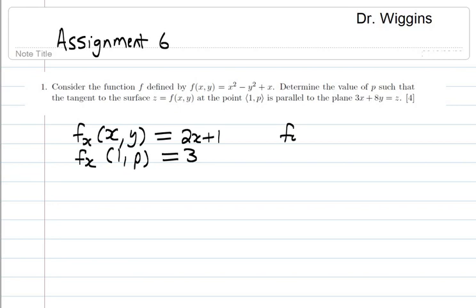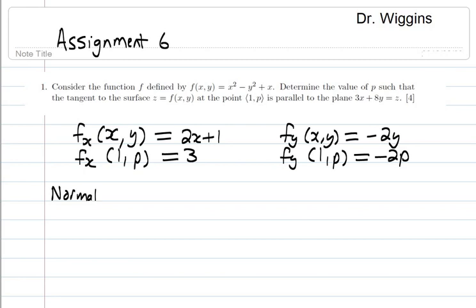Likewise, f partial y is the partial derivative of x squared minus y squared plus x, and that works out to be minus 2y. So f partial y at the point (1, p) works out to be minus 2p. So the normal of the tangent plane, and that's what we care about, let's call it n1.